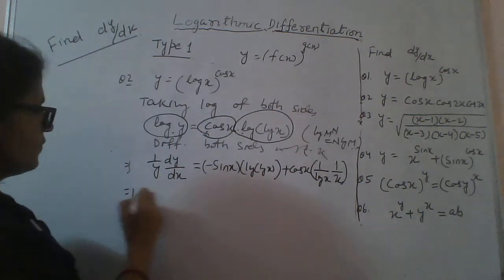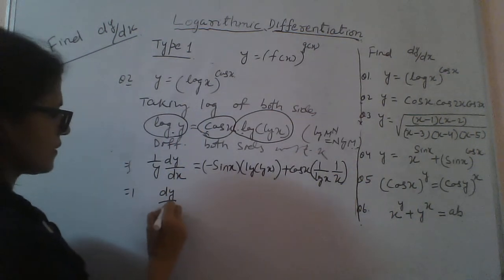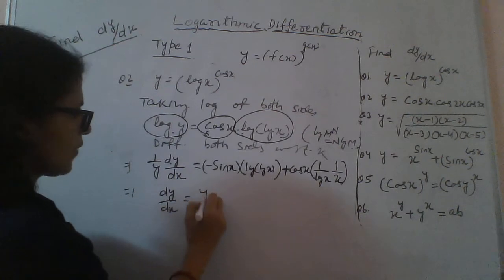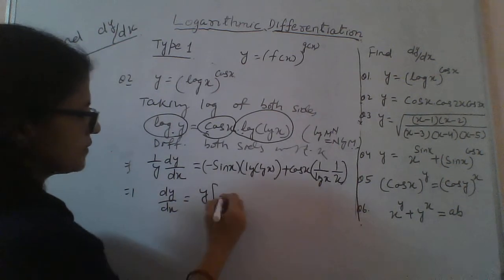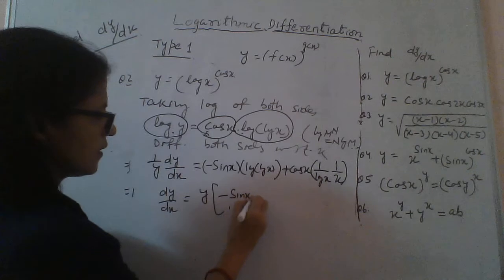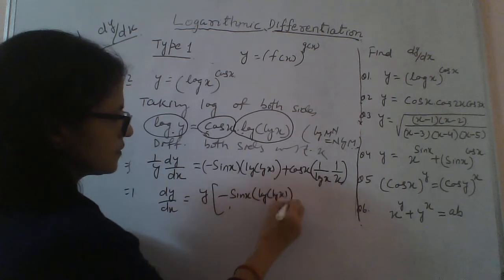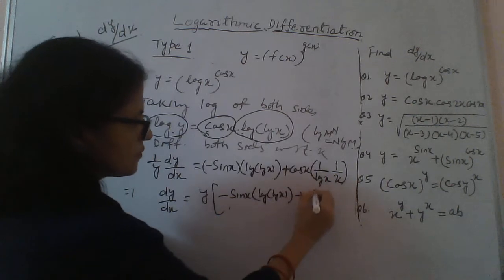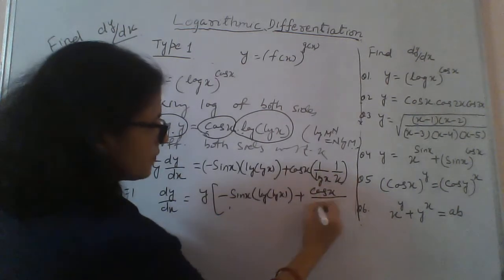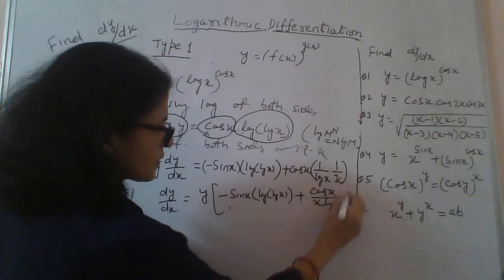So you have dy by dx equal to y into, this is minus sin x into log of log x plus cos x by x into log x.